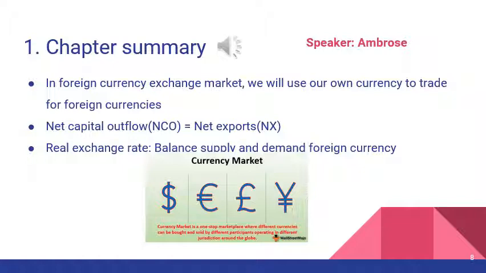NX equals X minus M, which means the selling of domestic goods minus the foreign goods that you bought. In a foreign currency exchange market, we will use our own currency to trade for foreign currencies. As I mentioned before, the NCO should equal NX. And the price that balances the supply and demand for foreign currency, we call the real exchange rate.